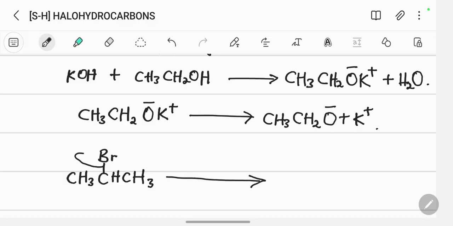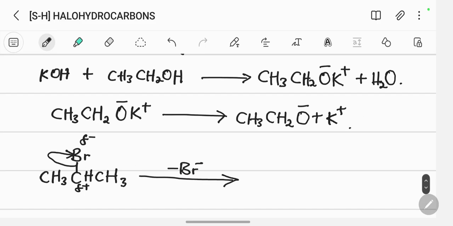How? The bromine first breaks off. That's when we think of bringing in the nucleophile.